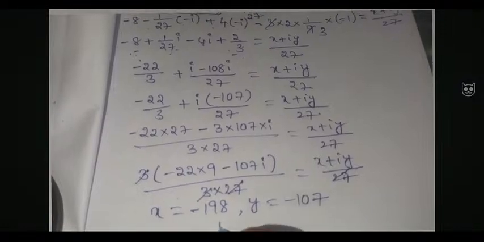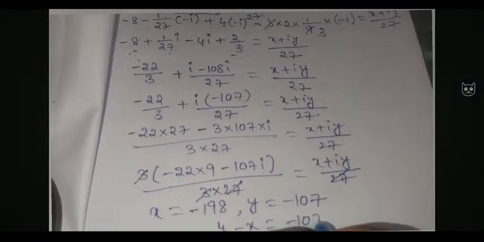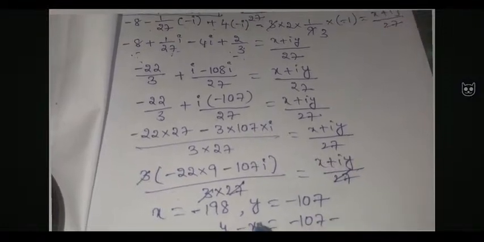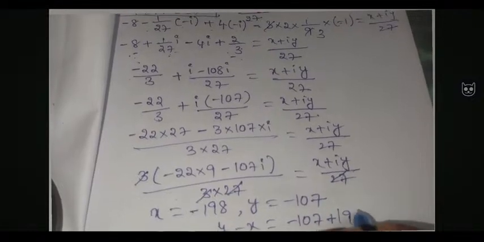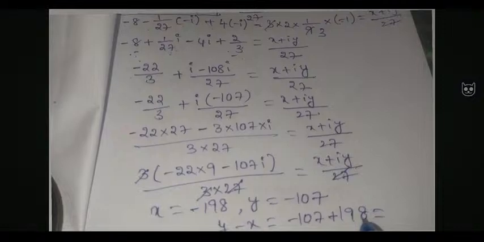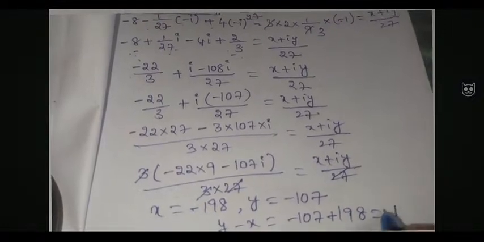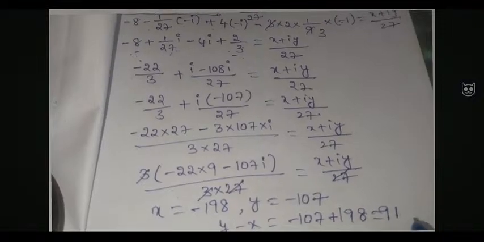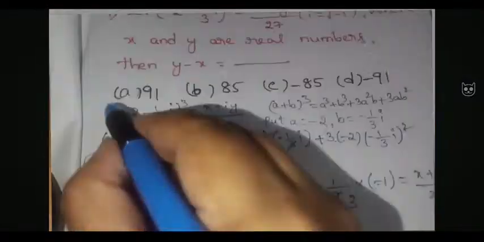In the question they are asking y minus x. y is minus 107, minus of minus 198, that is plus 198. How much? 198 minus 107 is 91. The answer is 91. Check the options. So option A is correct.